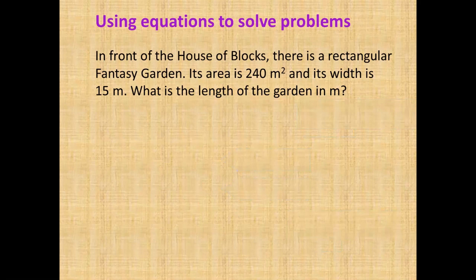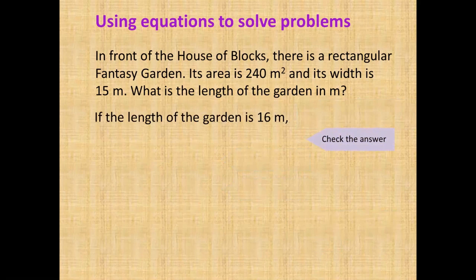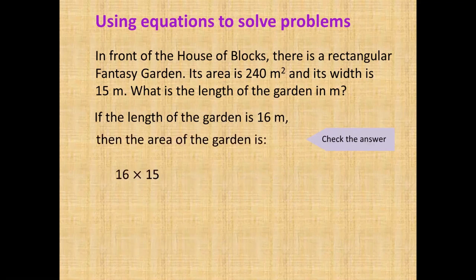We have a question like this, and now we know that after solving the simple equation, the length of the garden is 16 meters. If the length of the garden is 16 meters, it means that the area of the garden should be length times width. In this case, it should be 16 times 15.